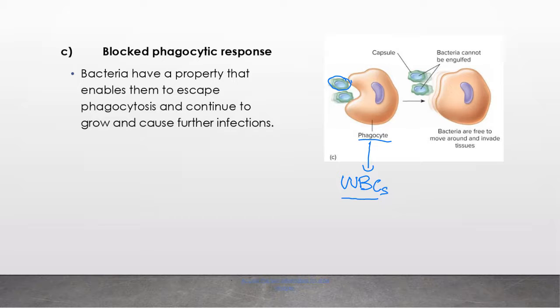So you can imagine if this white blood cell is unable to kill the bacteria that have a capsule, then this bacteria will be able to stay in the tissue, enter into the sterile tissue, and reproduce in the sterile tissue. So these are some examples of virulent factors of microorganisms that they use for invasion.